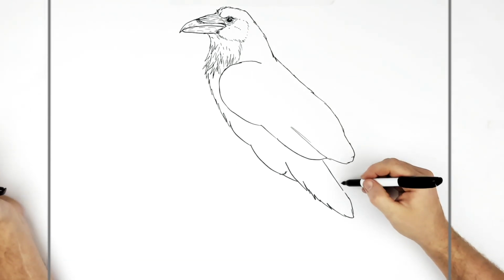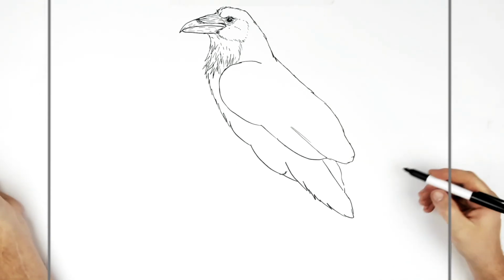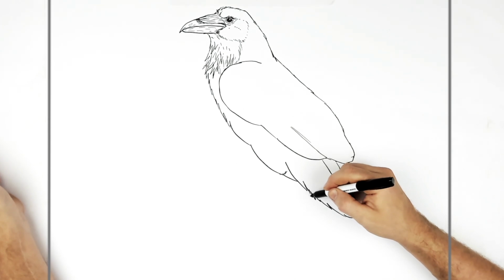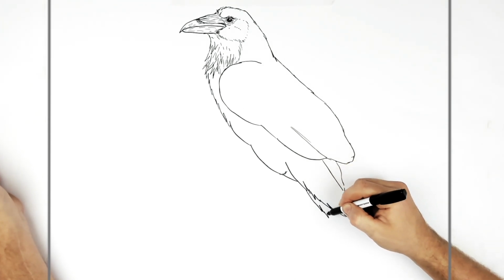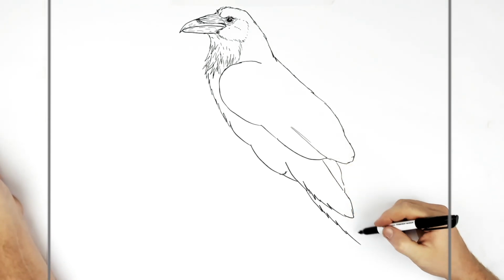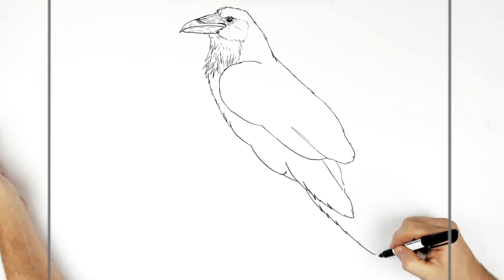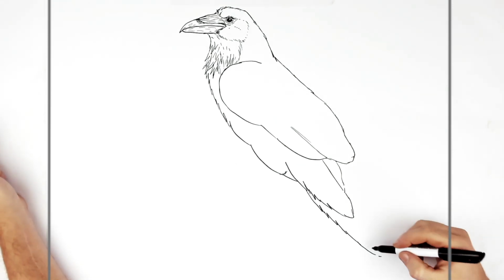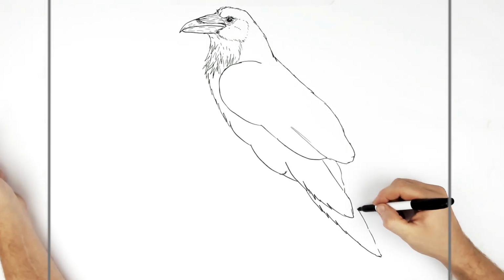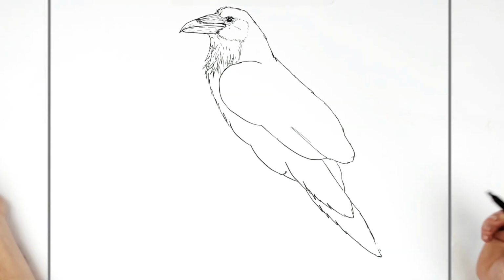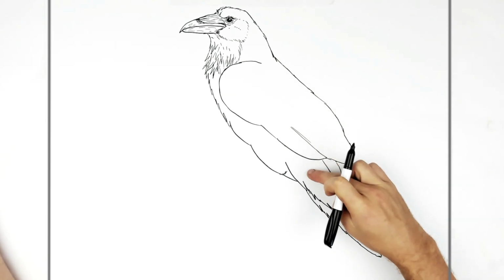One there, there, then another one. Again, sort of rough. And this goes all the way down around there. So wing feathers, tail feathers.